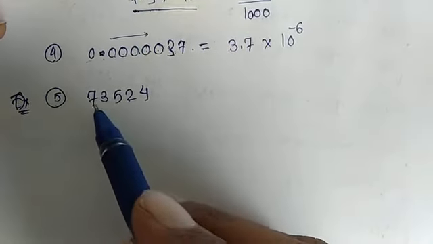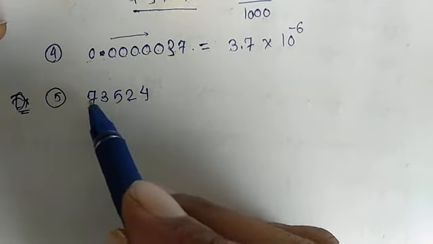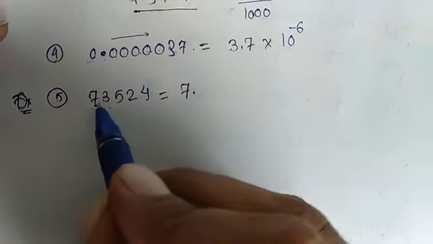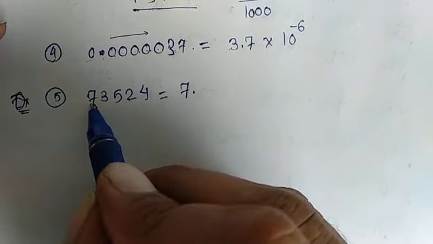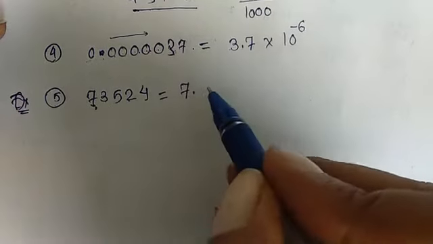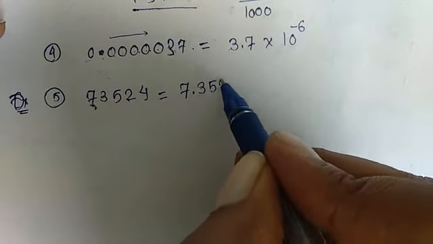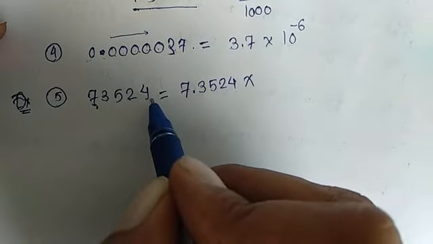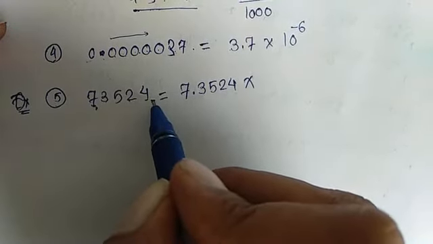So here for this example you should write it as 7 point, because it will lie between 1 and 10, 7 point, and the remaining digits after that, 3524, multiplied by... here there is no point given, we can consider after this it is 0.